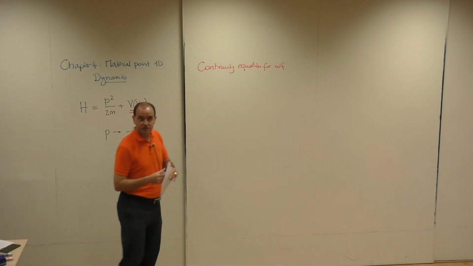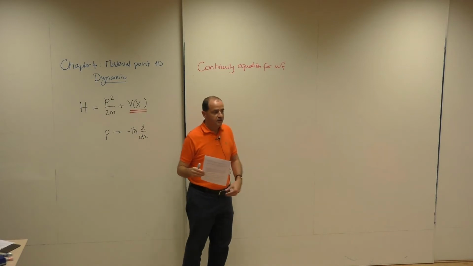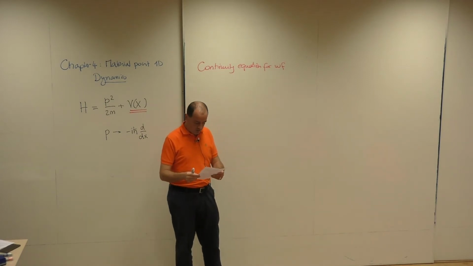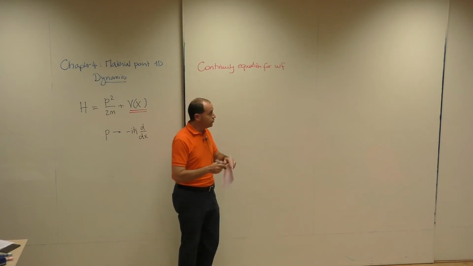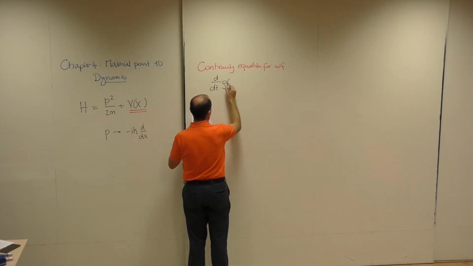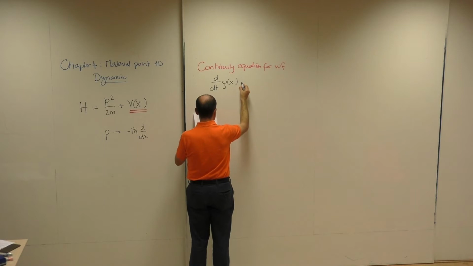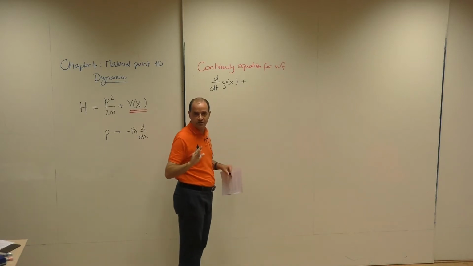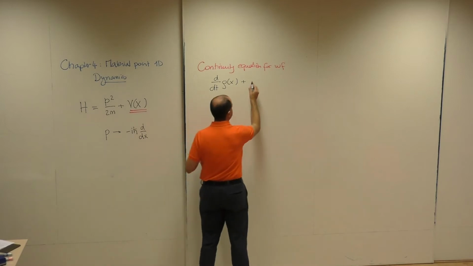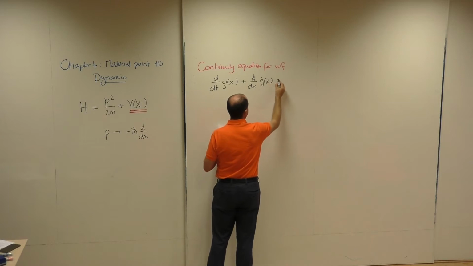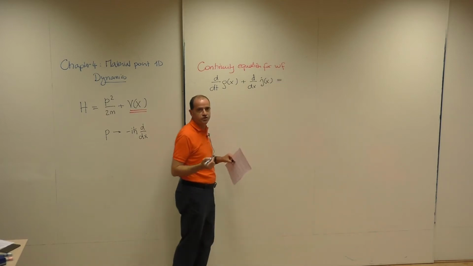Let us prove, this is not a statement, it's a theorem. Let us prove that this current actually exists. So the continuity equation in general is something of this type: d over dt of the density plus the divergence of the current. The divergence in one dimension is just the derivative with respect to x, equal to what is usually the charge.